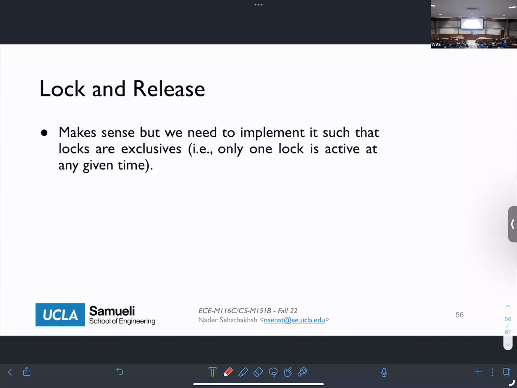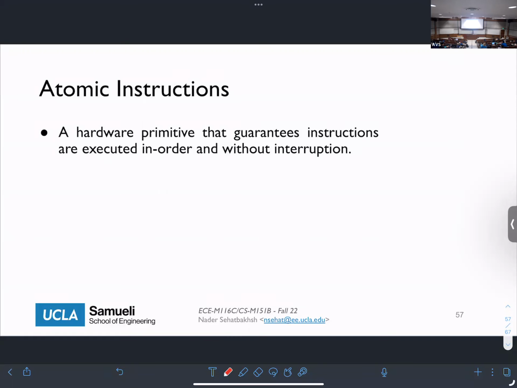Okay, so what we should do is have a mechanism such that if you're reading from the memory, only one of them reads from the memory and the other ones cannot. In order to do that, we introduce the concept of atomic instructions.